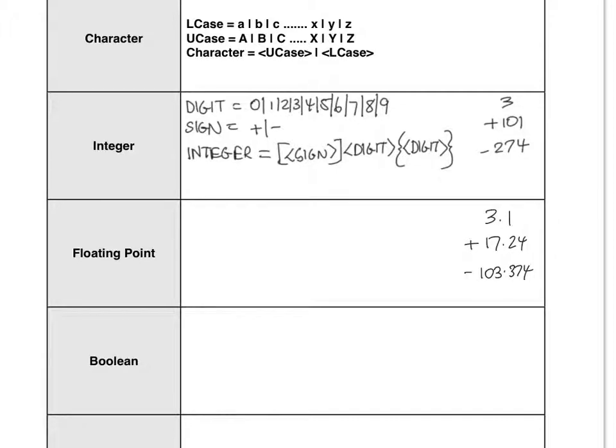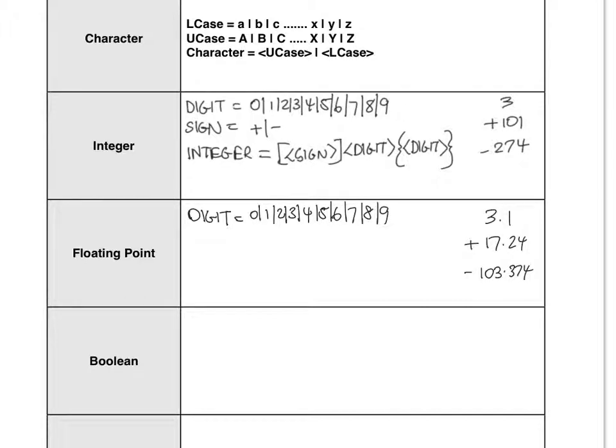So once again, the first thing I need to do is to define what is a digit. As I defined here before, digit is defined as 0, 1, or 2, or 3, or 4, or 5, 6, or 7, or 8, or 9.